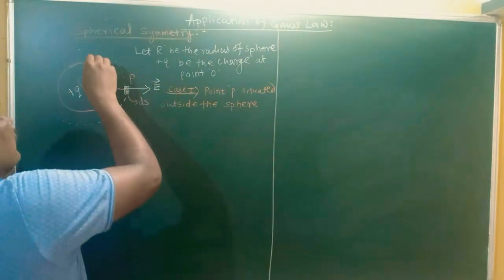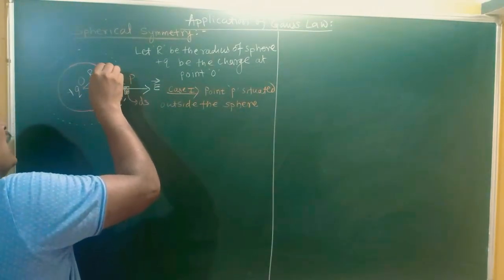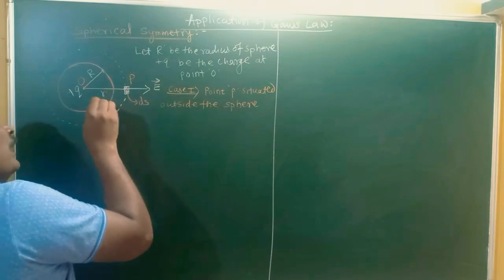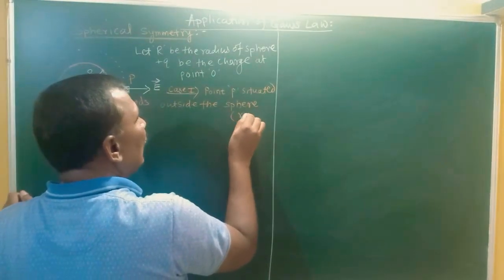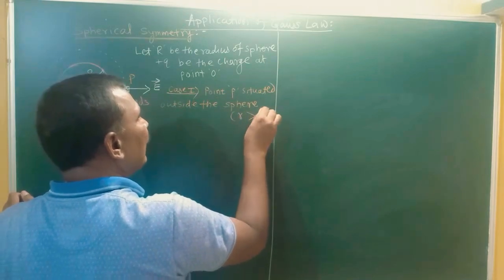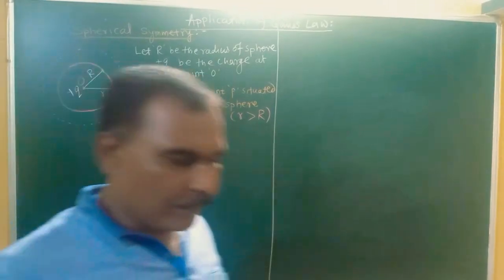Here the sphere is this one, and point P is situated outside the sphere. The condition is that small r is greater than capital R.